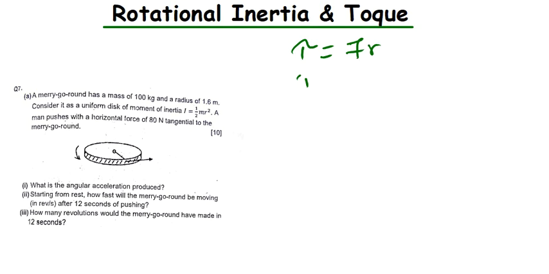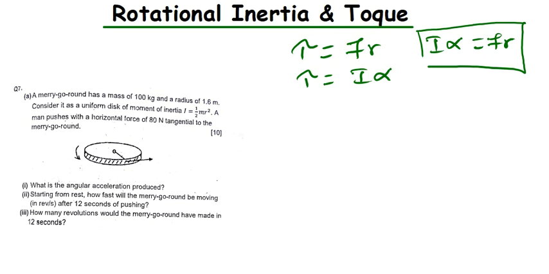Then again, torque is given by inertia times the angular acceleration. This torque and this one are the same, therefore you can set them equal to each other. You can say inertia times angular acceleration is equal to the force times r. Now this is very, very important.